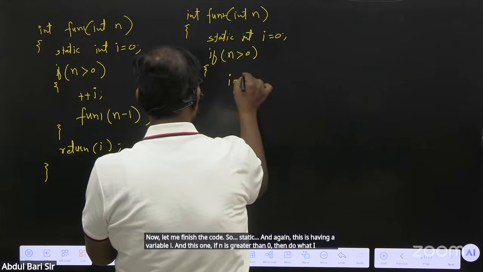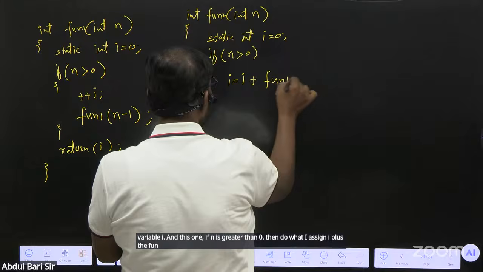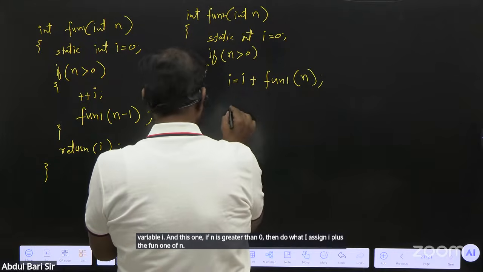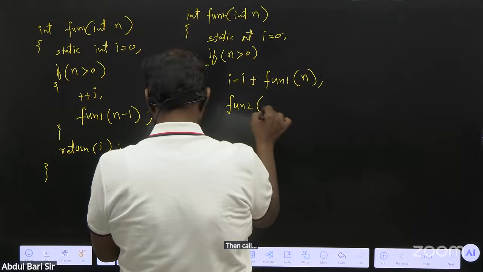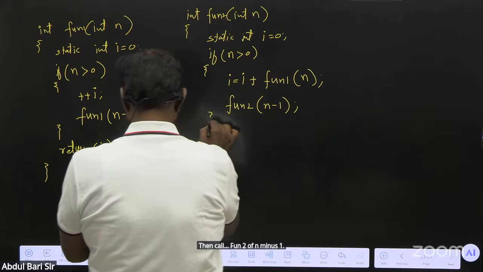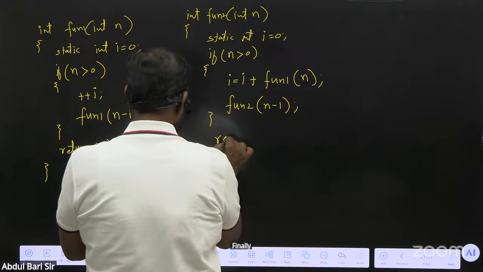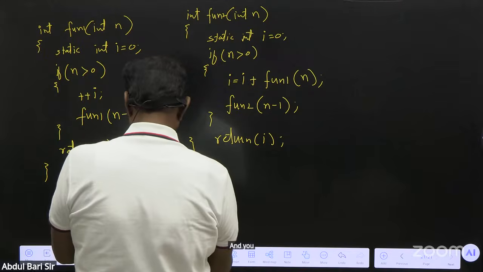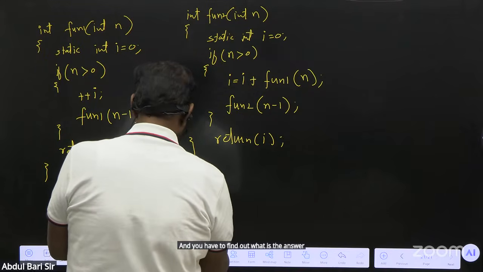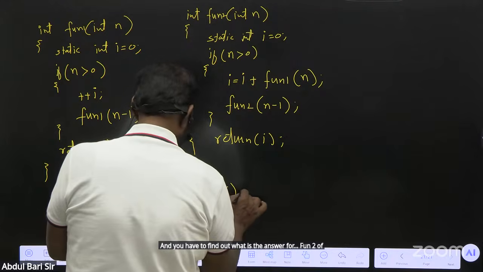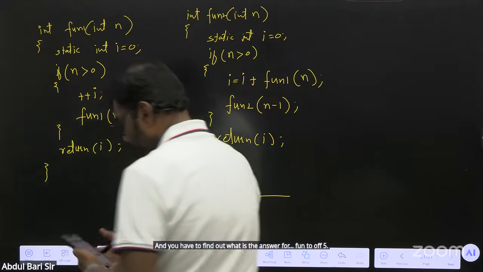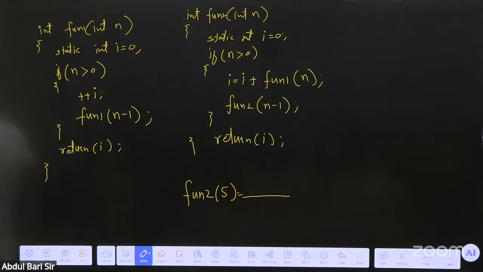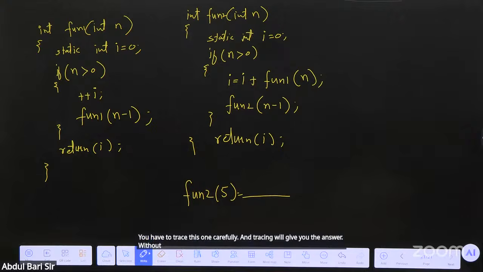I assign I plus fun1 of n, then call fun2 of n minus 1, and finally return I. And you have to find out what the answer is for fun2 of 5. You have to trace this one carefully, and tracing will give you the answer. Without tracing, you can't get the answer. Trace carefully.